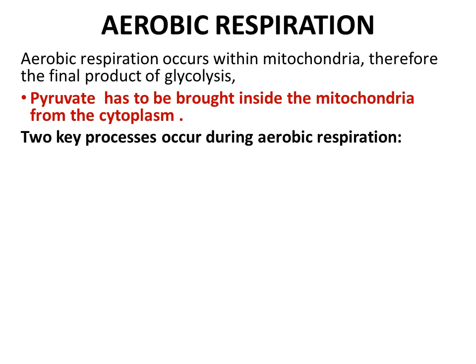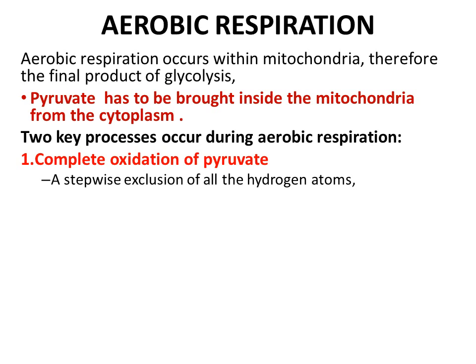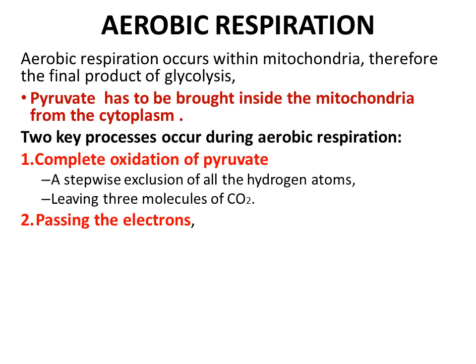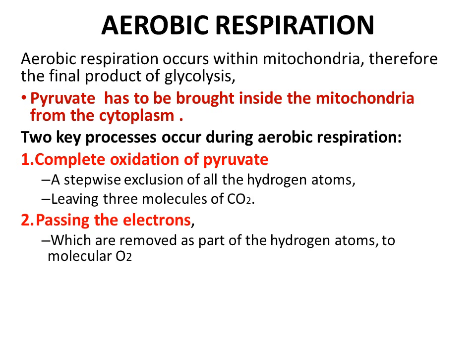Two key processes occur during aerobic respiration. One, complete oxidation of pyruvate, meaning a stepwise exclusion of all the hydrogen atoms, leaving 3 molecules of carbon dioxide which are expelled. Second, passing the electrons which were removed as hydrogen atoms to molecular oxygen with concurrent synthesis of ATP.